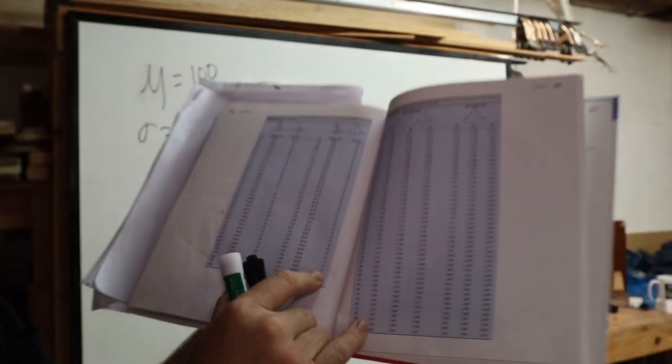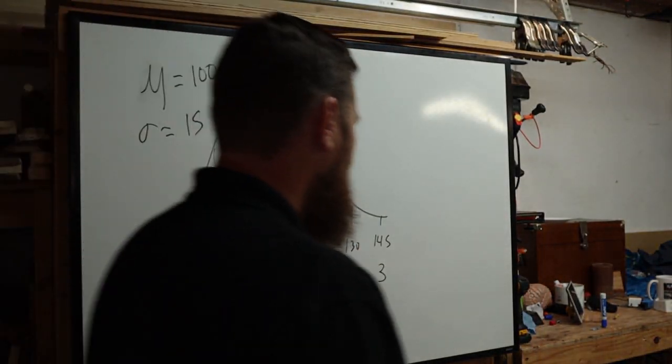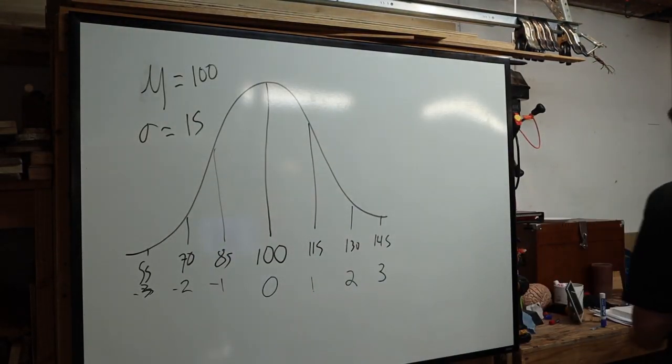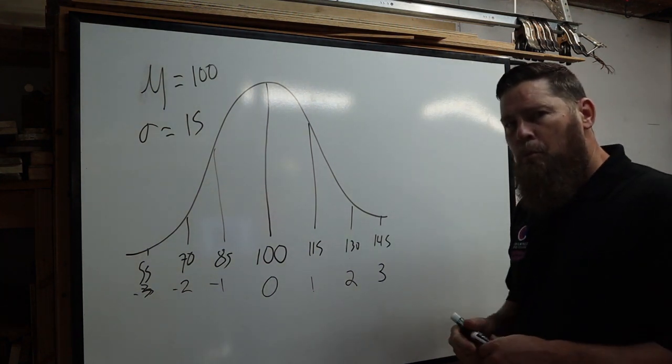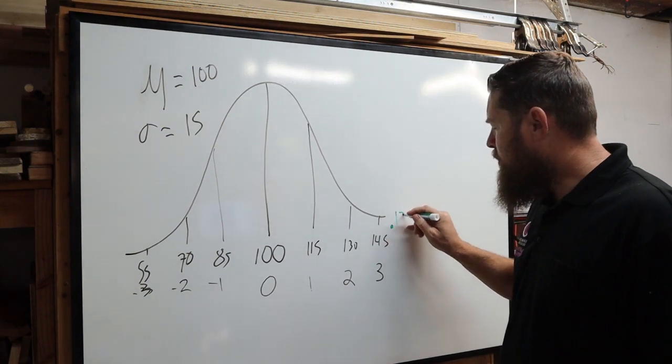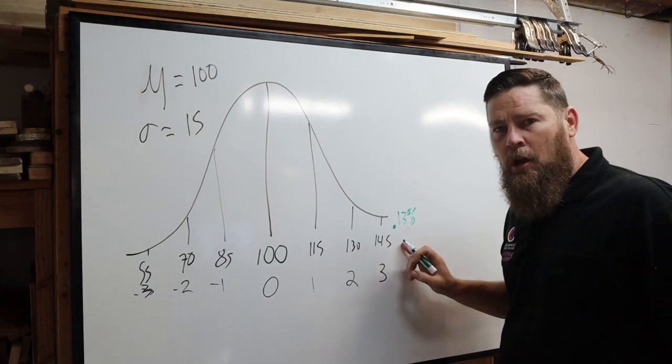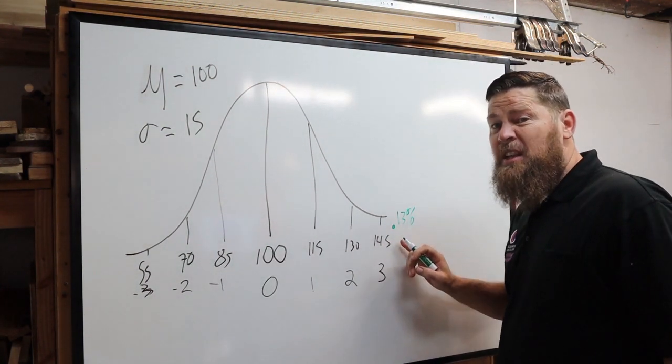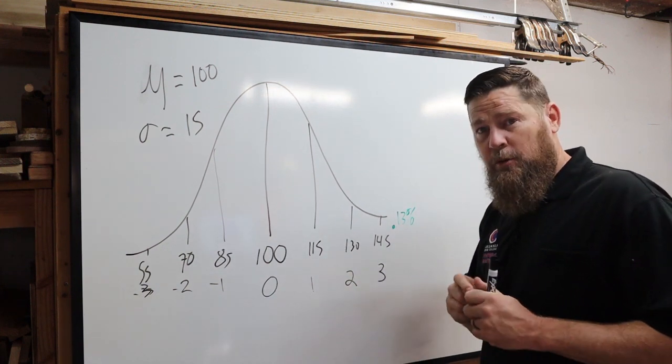That's ridiculous. 0.13 in tail. That's 0.13% of people. 0.13% of people are above 145 IQ.